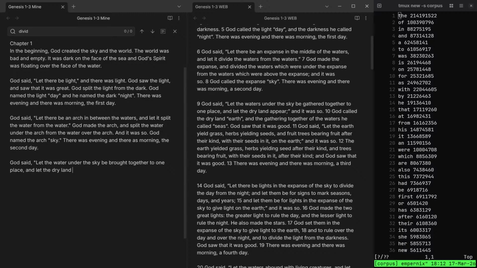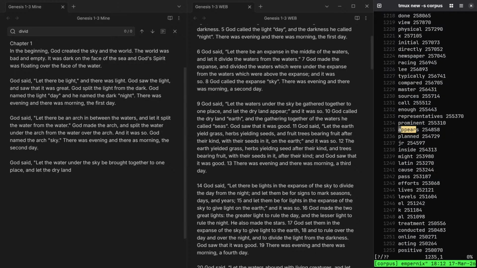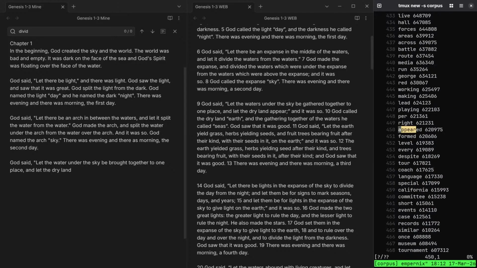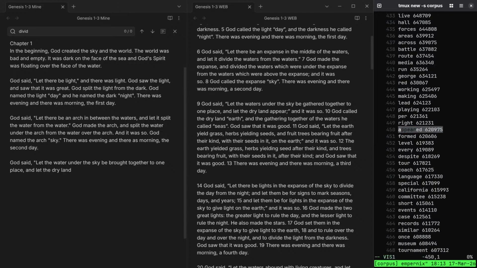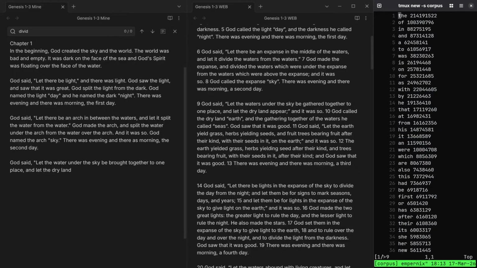And let the dry land appear. That's 450. Well, even appear itself is like low. At best 450. We'll just go from that one. Maybe I should go not from the root word, but from any form of that word, whichever one's the most common. Maybe that's where I should go from, right? So that would justify getting name over called, for example. Maybe that's what I should do.